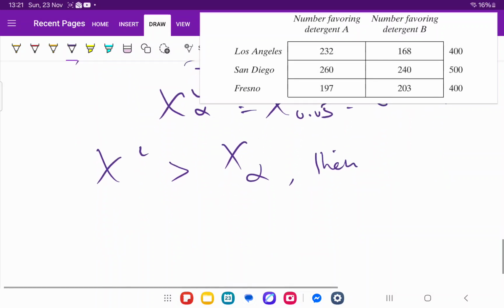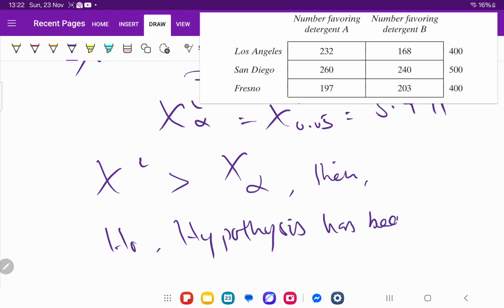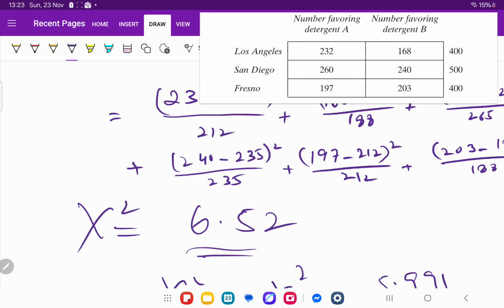So it means the null hypothesis has been rejected. So that is the k proportion formula.